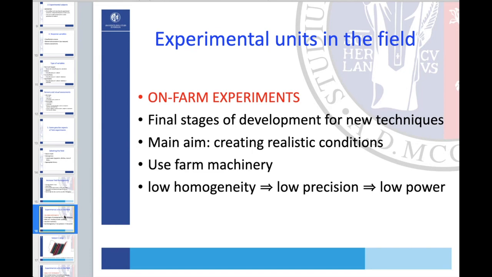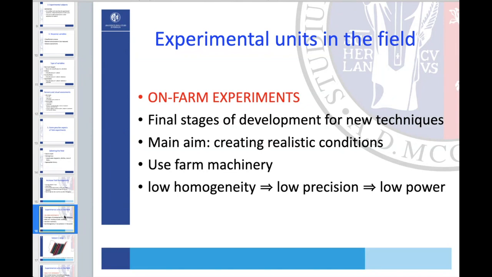When we have a new technique and when we know pretty well that this technique has advantages, then we need to make on-farm experiments to evaluate this new technique in realistic conditions using the traditional and regular farm machinery.